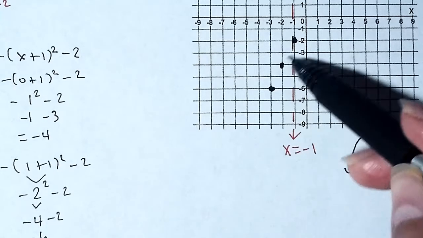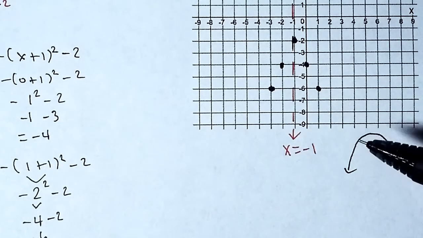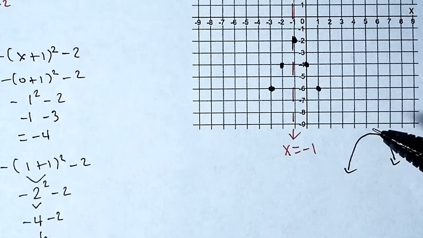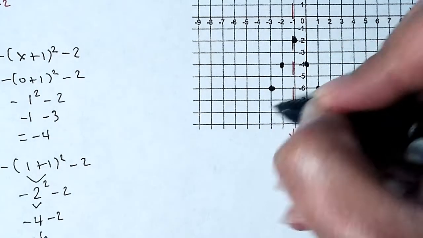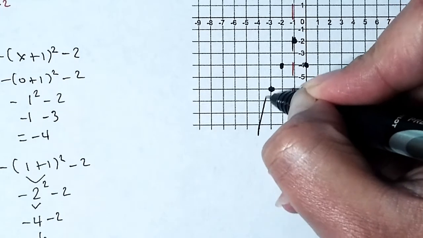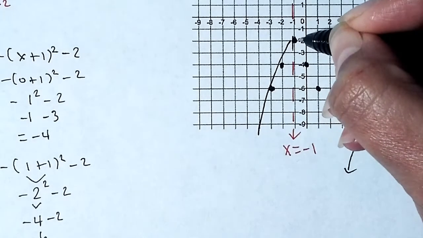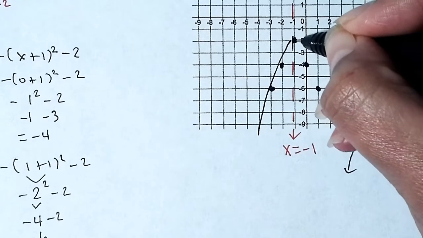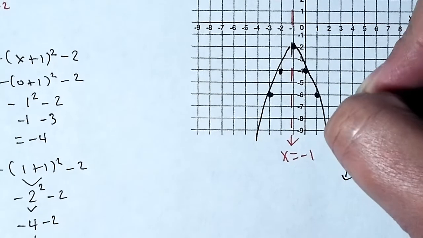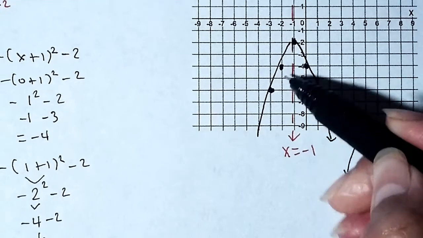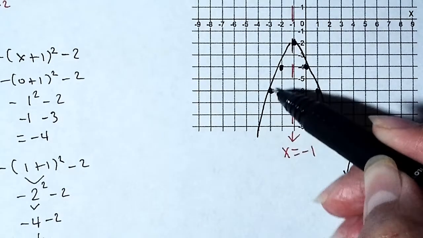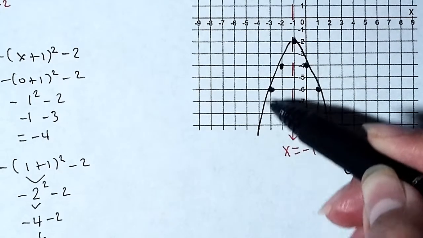Supposedly it should go through these 5 points, but due to human error, sometimes it doesn't look so nice. So we'll just try our best. Okay, no pressure, guys. I overshot it. I came in too steep.